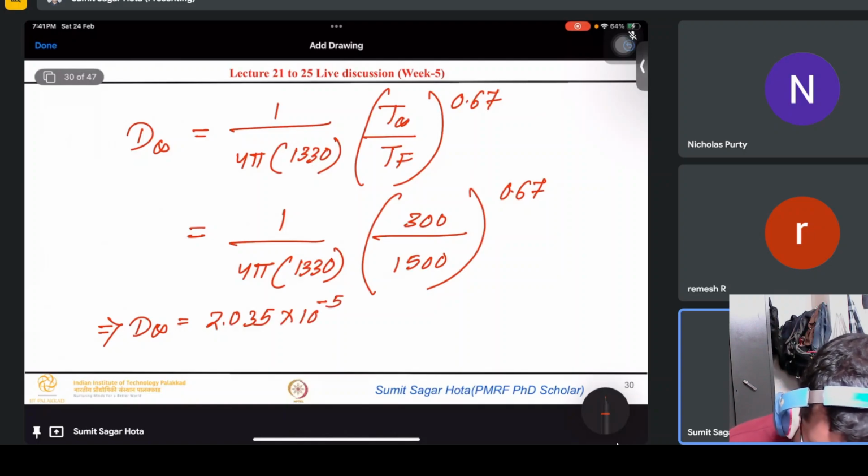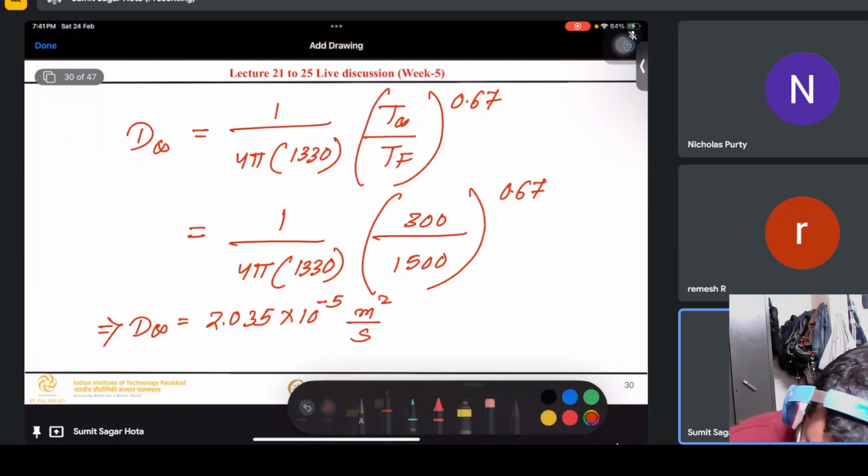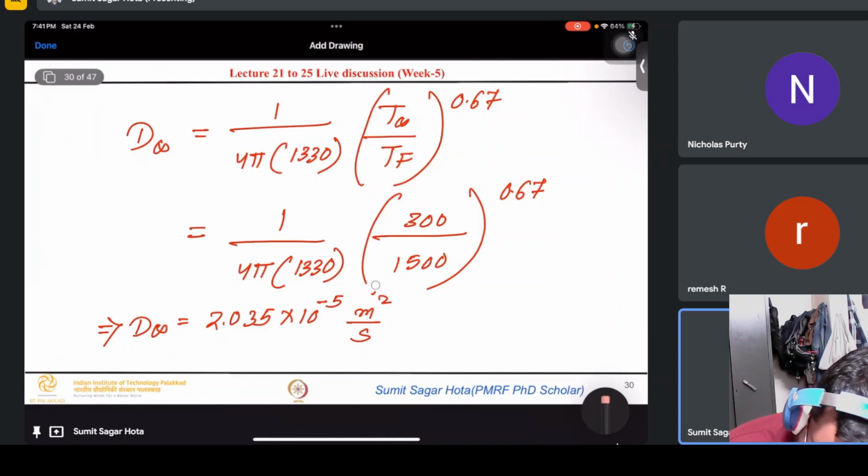What is the unit of diffusion coefficient? Question: what is the unit of diffusion coefficient? Yes, you can get confused with meter square per second, meter per second square, meter square per second square. There they can confuse.